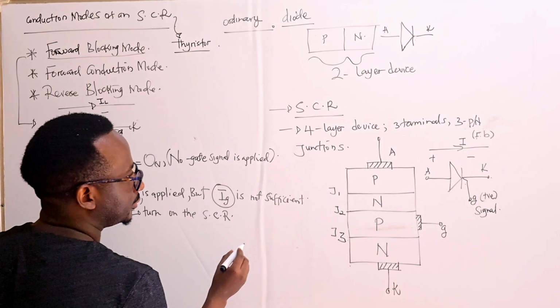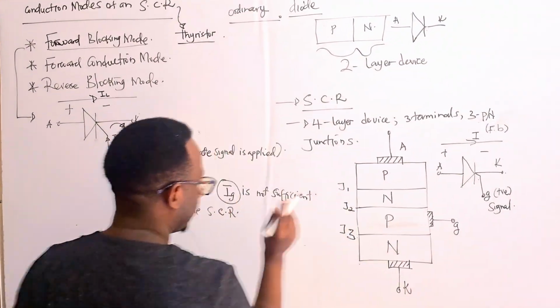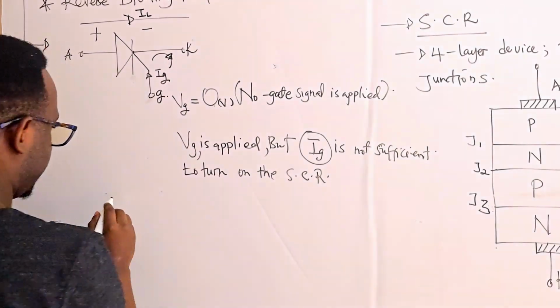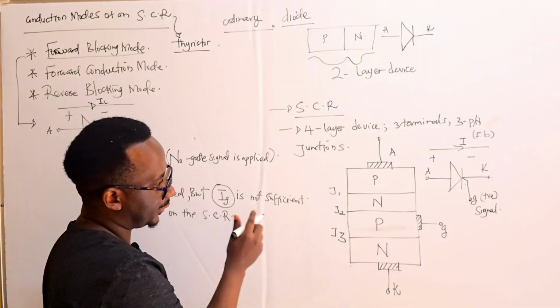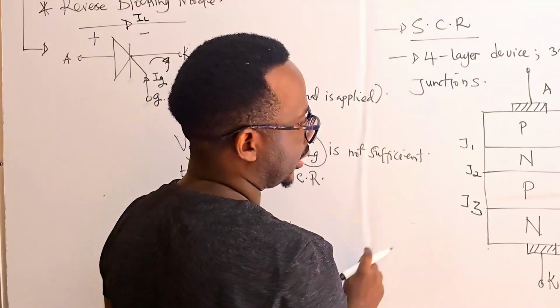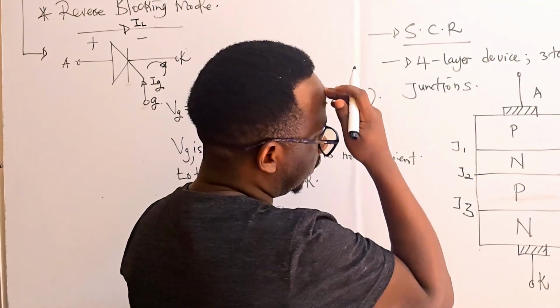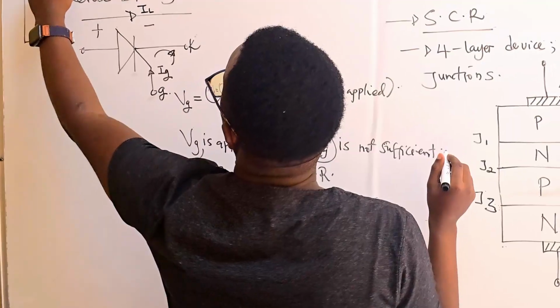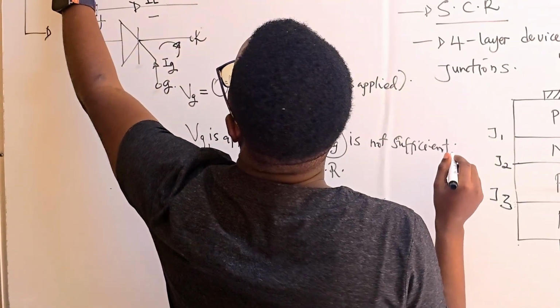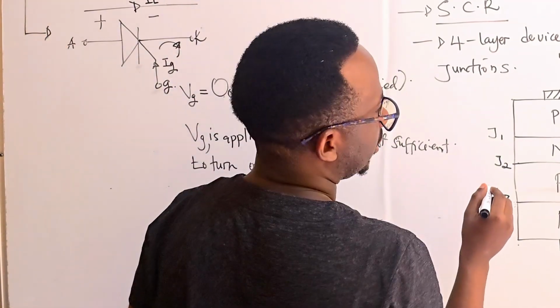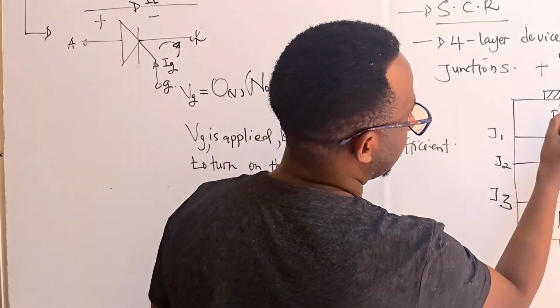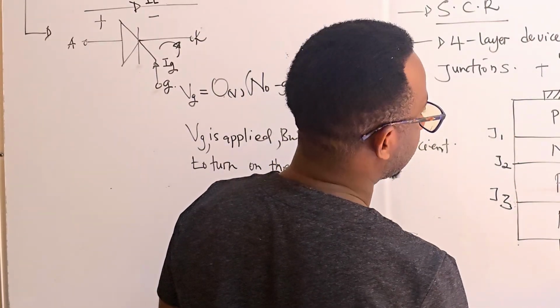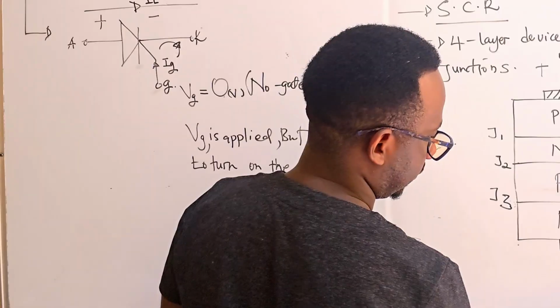So let's utilize the diagram. In this condition, in forward blocking mode, the device is forward biased.